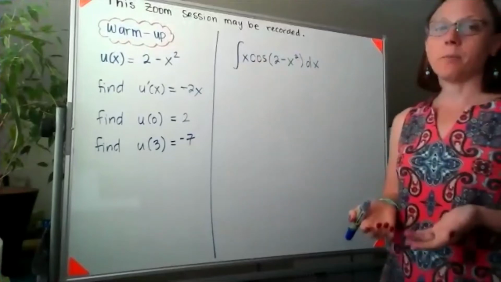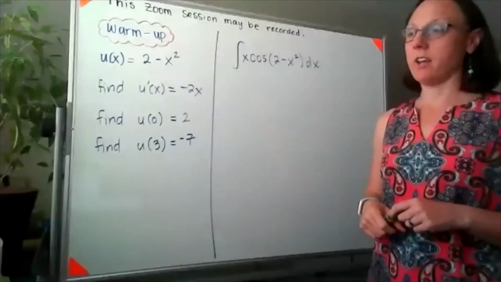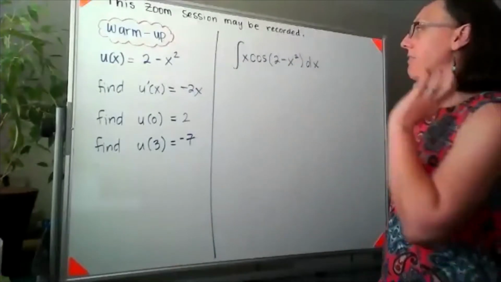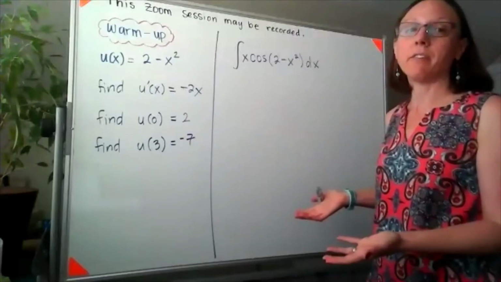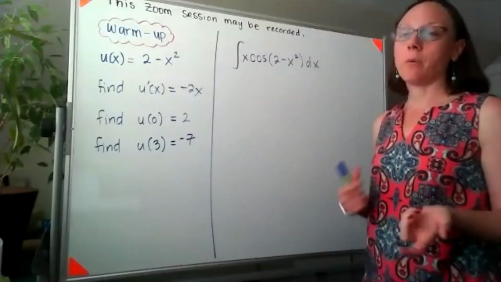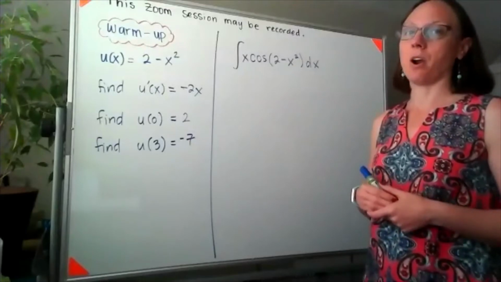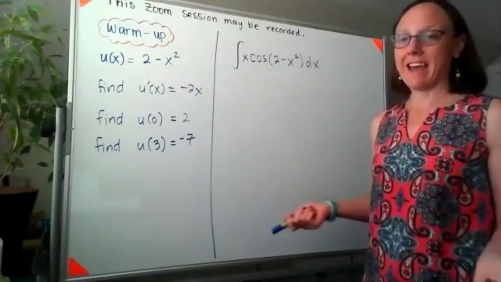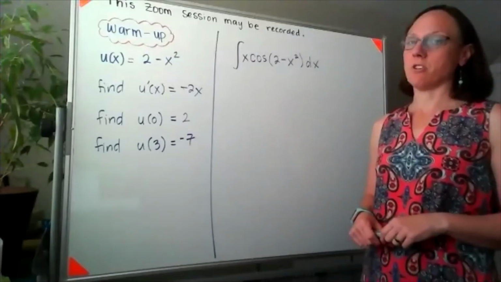So the whole idea behind a u-substitution, and in general with our methods of integration, if I look at this problem and no one told me how to find the antiderivative, the first thing that I want to be looking for is, does the derivative of one part equal the other part? And if the answer to that question is yes, or almost, then there's probably a u-substitution involved.